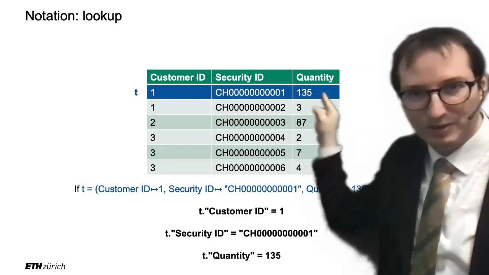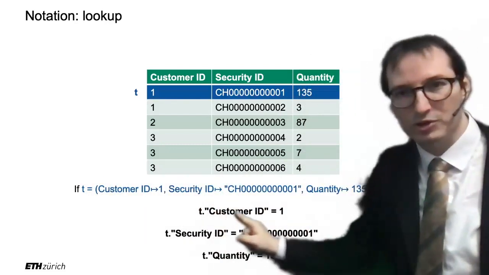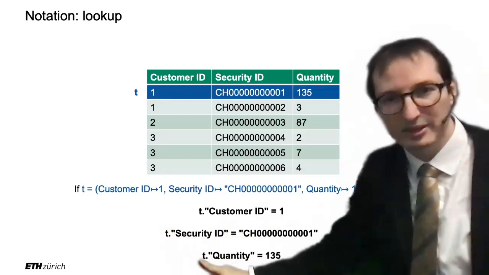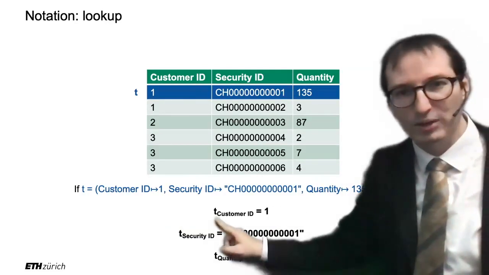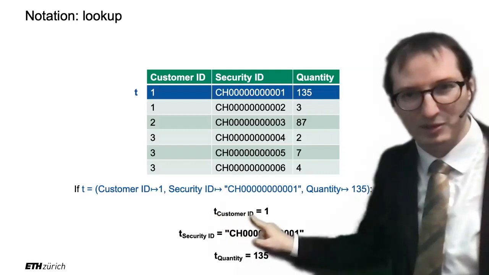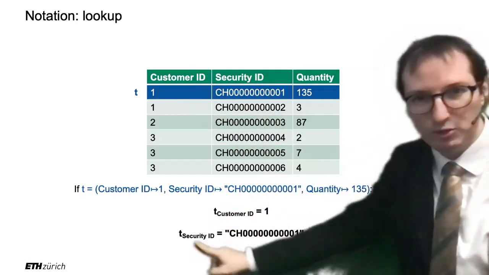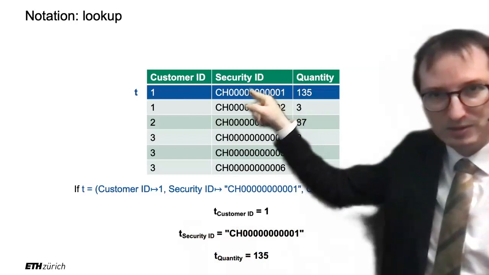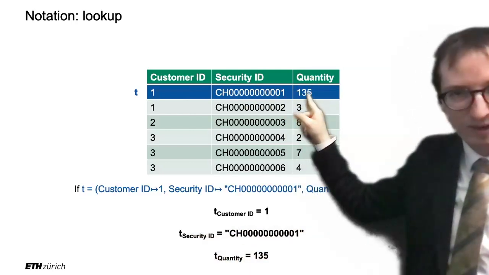This record here corresponds to this map. And then you write T dot customer ID, T dot security ID, T dot quantity. It's a bit like object-oriented programming, but you can also put it as a subscript, right? So the name of the attribute. So T customer ID is 1, T security ID is in, and quantity is here 135.